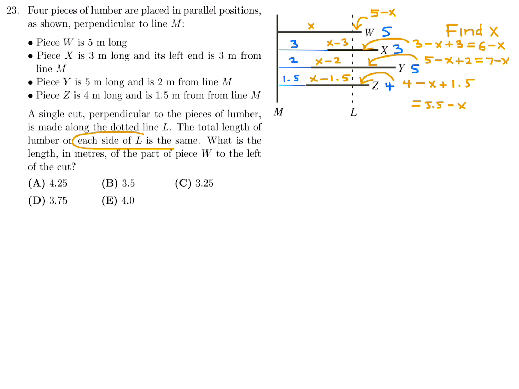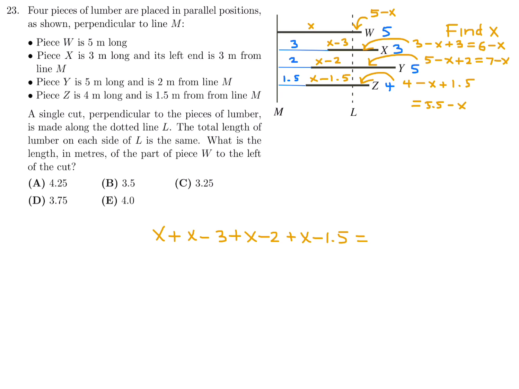Now this piece of information is very important, obviously. It tells us that what's on the right side is equal to what's on the left side. So what is on the right side? We got these 4 guys, so let's add them up. We have X plus X minus 3 plus X minus 2 plus X minus 1.5.